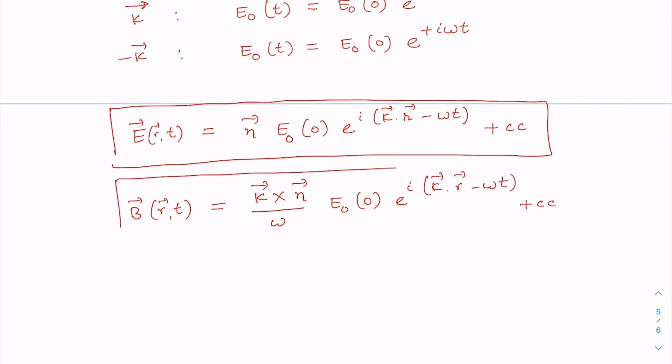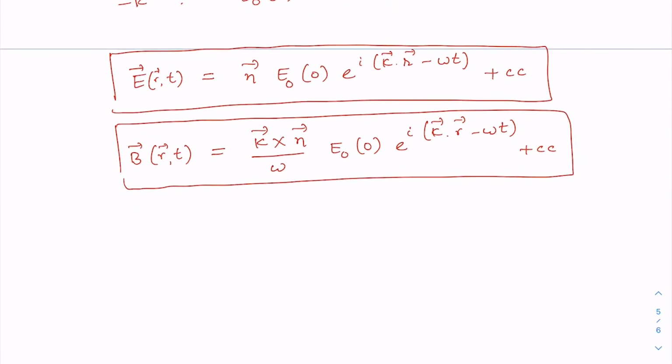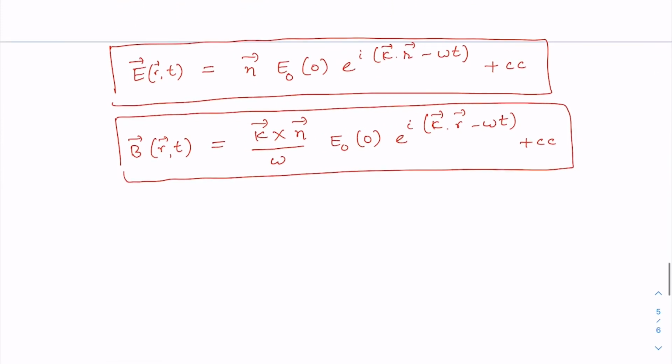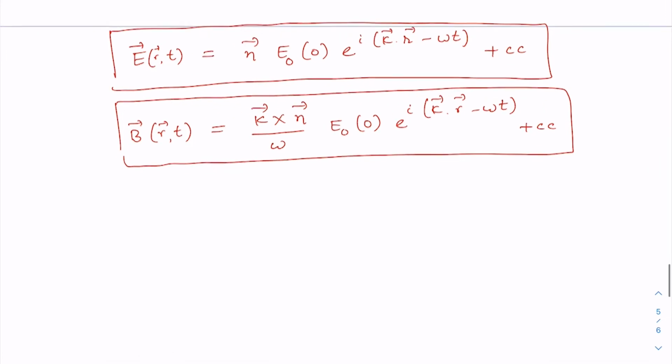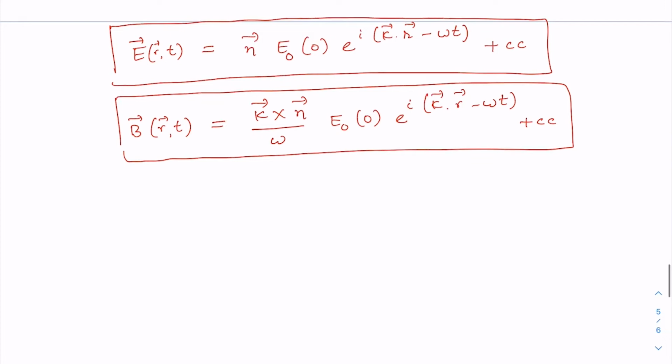So what you see here is that both the electric and the magnetic field are in phase. Thus the dynamics of the electromagnetic wave propagating along the plus k vector, the positive direction of k, is fully determined by the equation dE0/dt is equal to minus i omega E0(t).